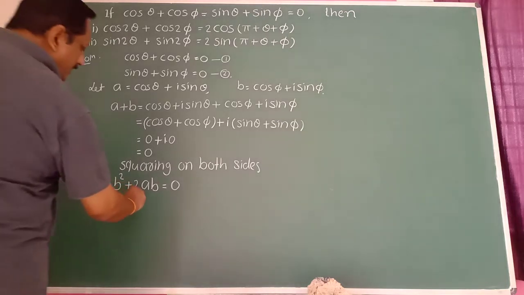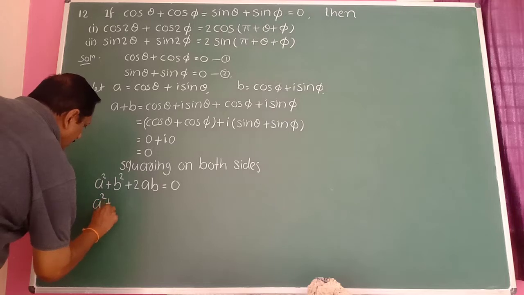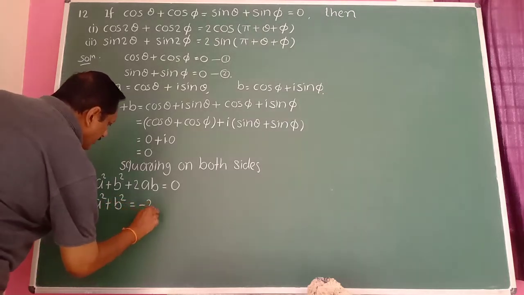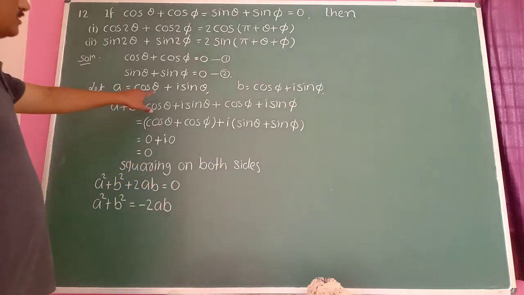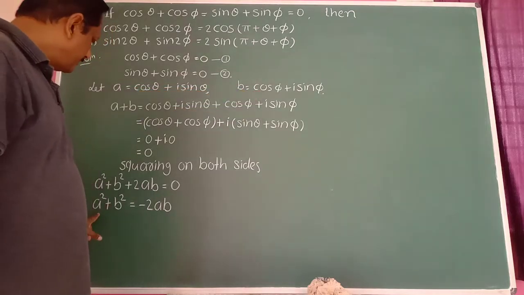Then take 2AB to the right-hand side. So A square plus B square is equal to minus 2 into AB. But A is cos theta plus i sin theta, B is cos phi plus i sin phi, so replace here.